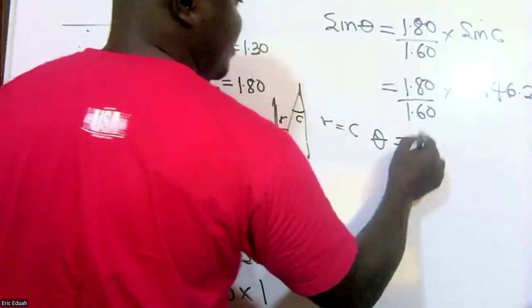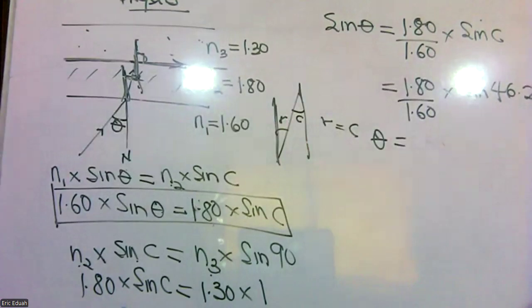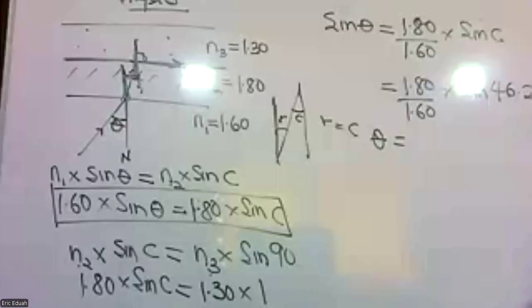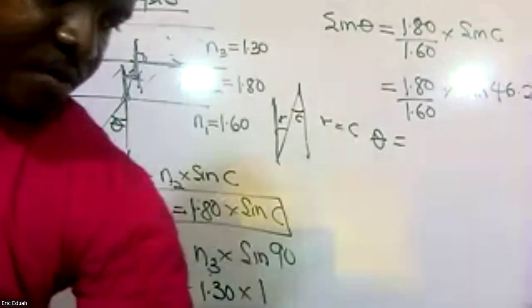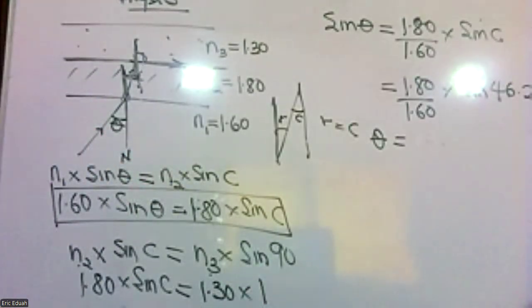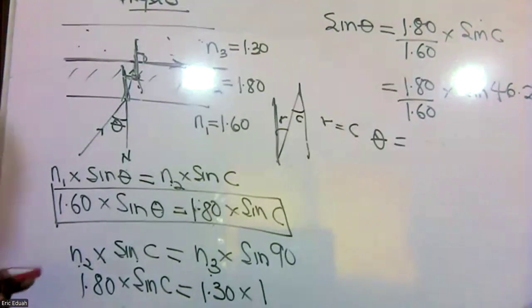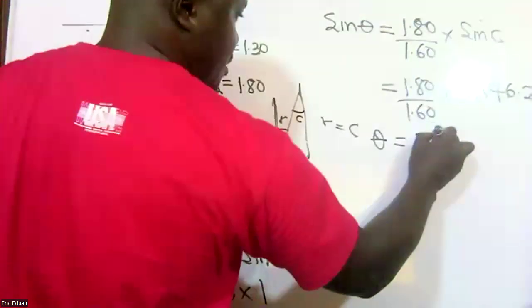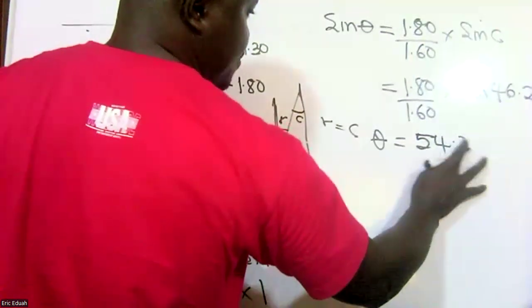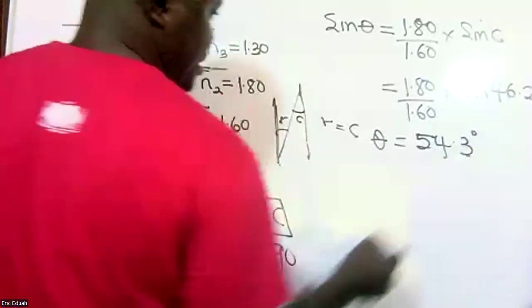Just give me the value of theta straight away. What have you made for theta? 54.29, so approximately 54.3 degrees.